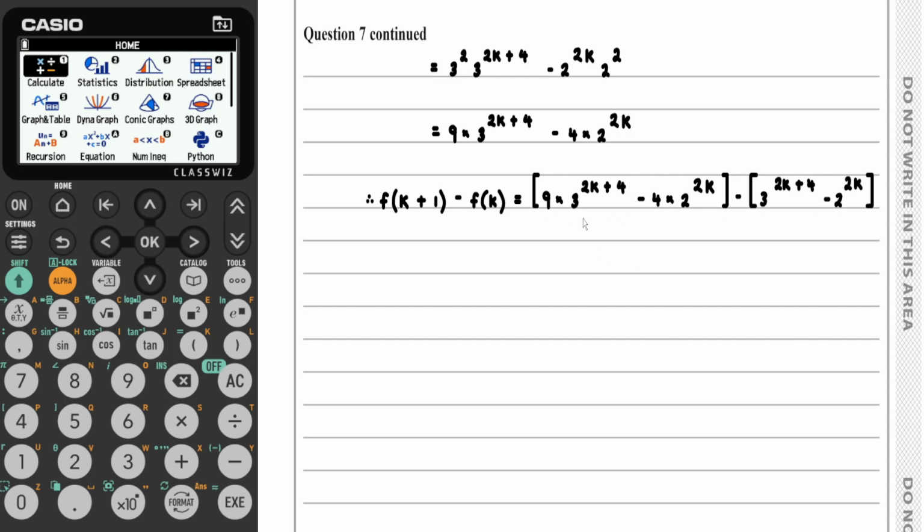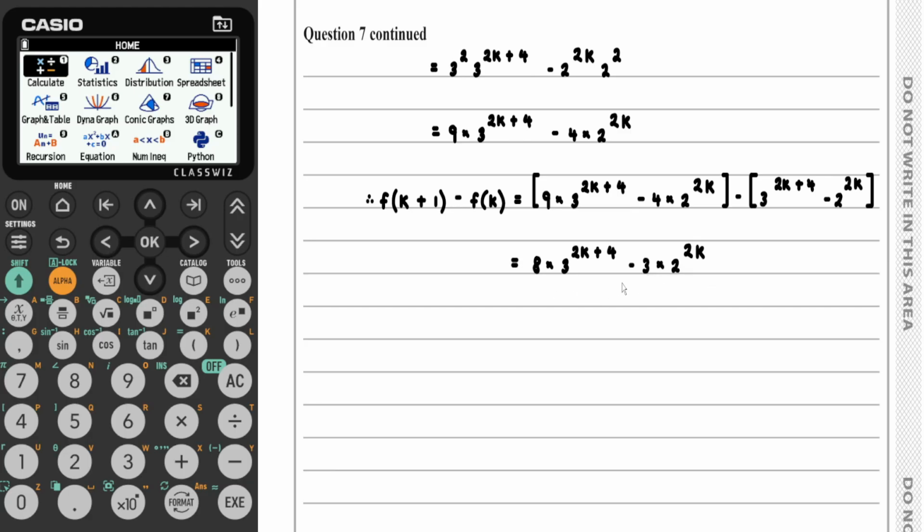Now, I've got 9 times 3 to the power of 2k plus 4, subtract 3 to the power of 2k plus 4. So that means I have got 8 times by 3 to the power of 2k plus 4. And then I've got negative 4 times 2 to the power of 2k, subtract negative 2 to the power of 2k. So that's negative 3 times 2 to the power of 2k.